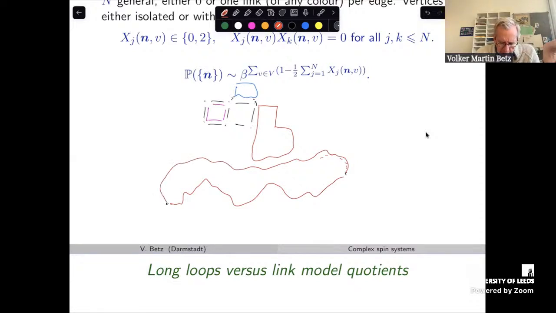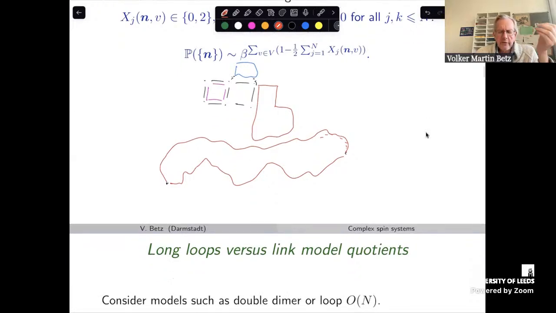So there's this question of connectivity, and an interesting question is, is it true that if you take two vertices very, very far apart in the graph, then there is a reasonable chance that they are still connected by a loop? So in other words, will a random loop model look more like a collection of very many small loops that don't intersect, but are very separate?